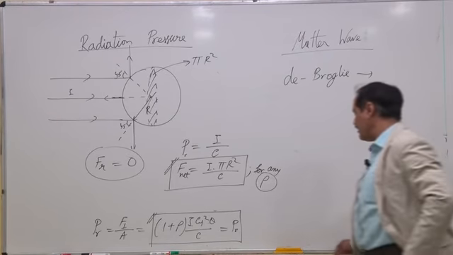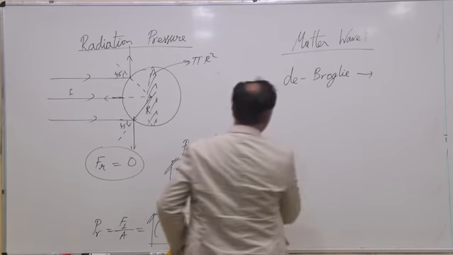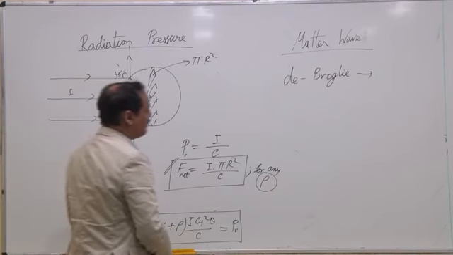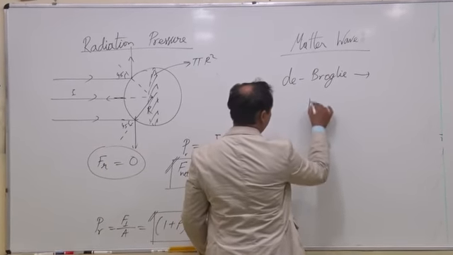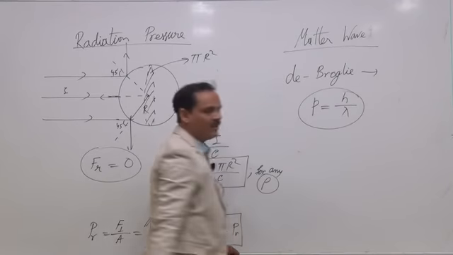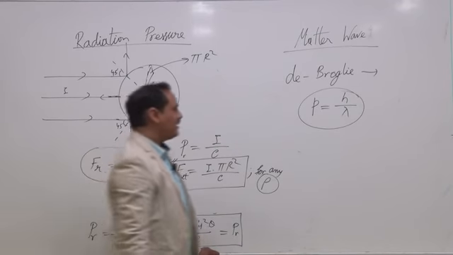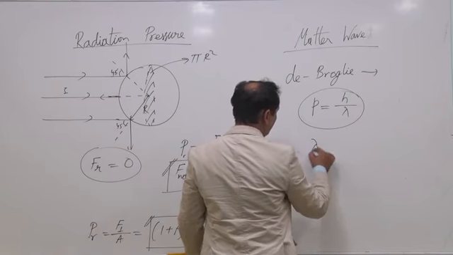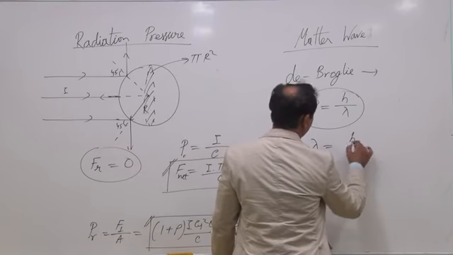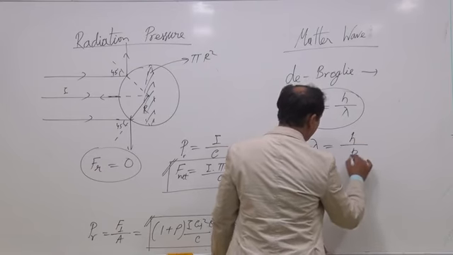What is that wave nature? How is it related? As we have just seen from Einstein, due to dual nature of light, the momentum of photon is p equal to h by lambda. De Broglie said that de Broglie wavelength of any moving particle is lambda equal to h by p.